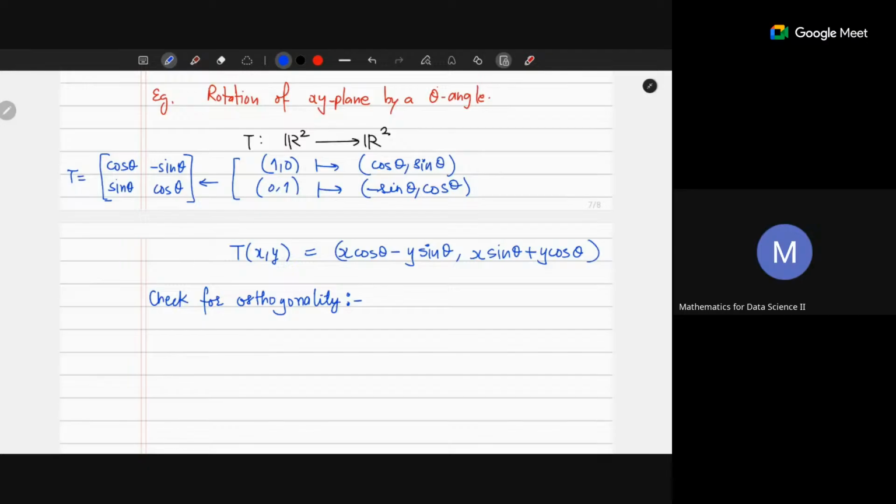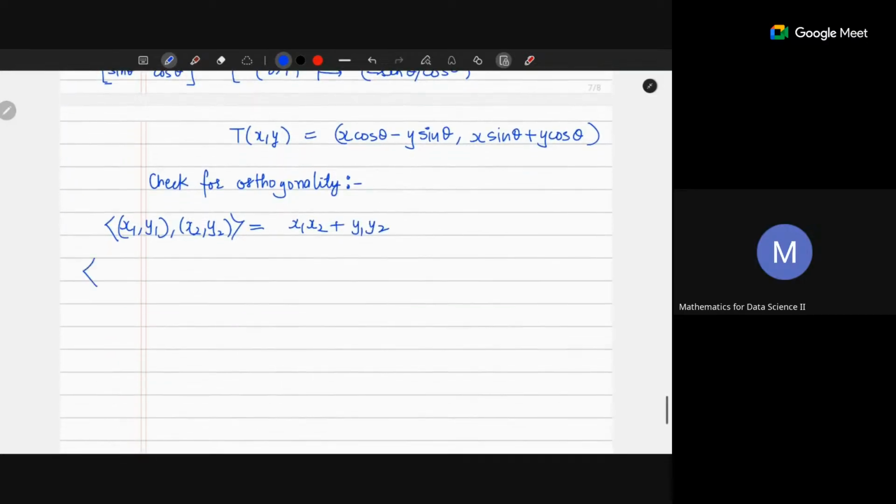Let's take (x1, y1) and (x2, y2). Their inner product is simply x1 x2 plus y1 y2.